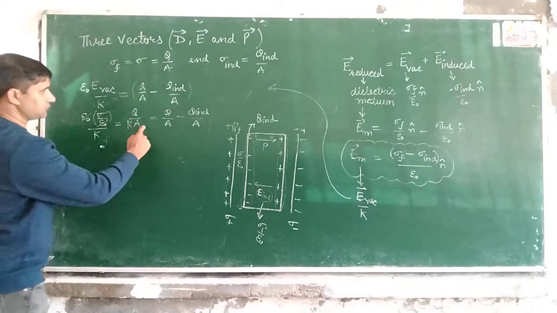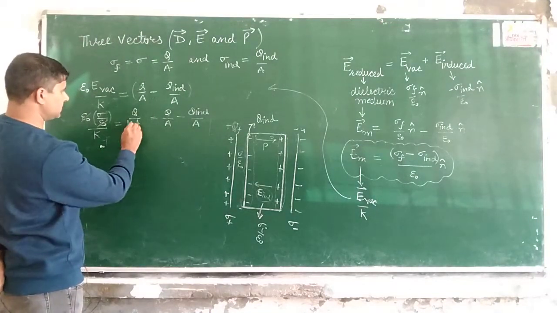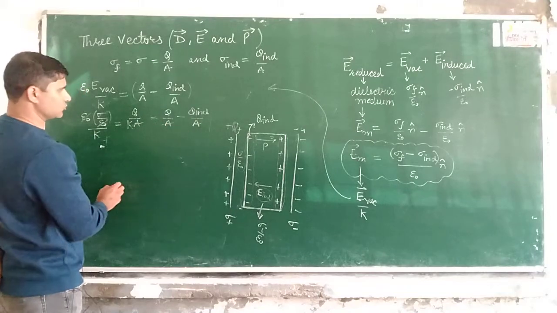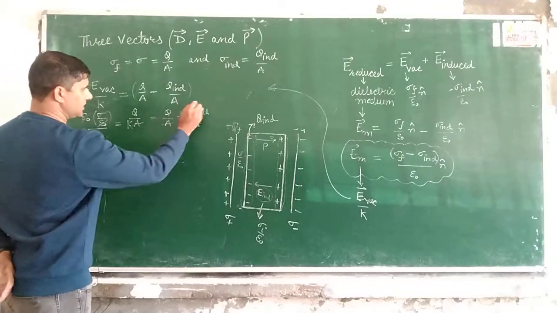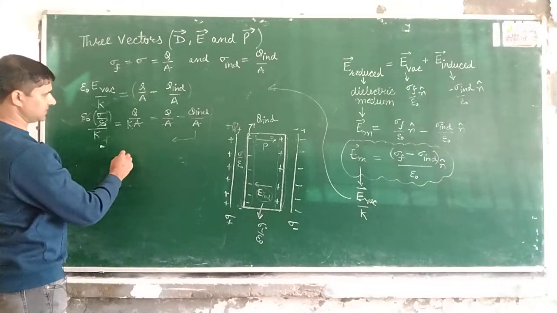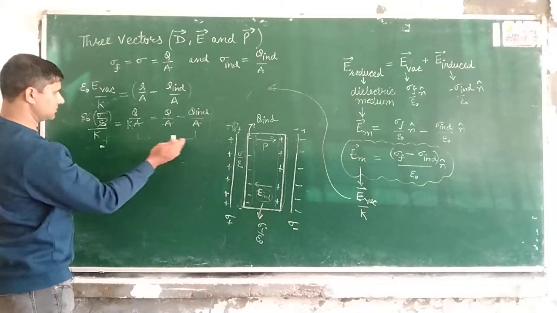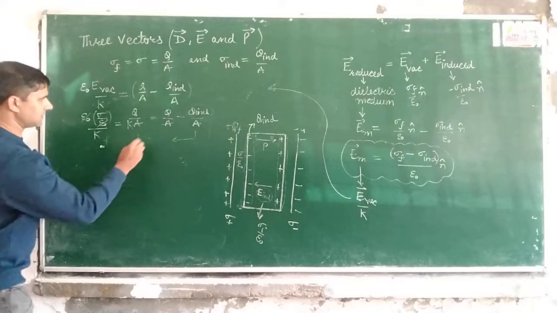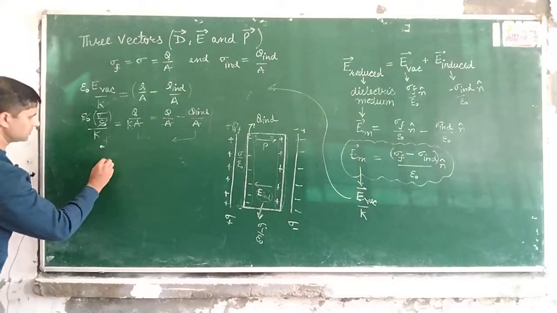So class, you will see A will cancel on both sides, and you are to find the relation of Q induced. So take it on the left hand side and take this factor to that side. Then you can take Q common.